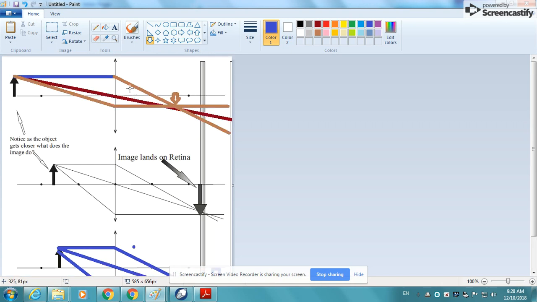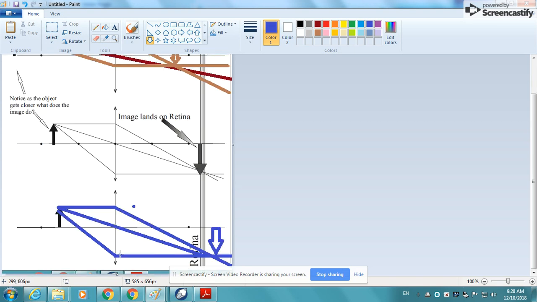So if you think about it, we need to relax the bending of these rays. This lens needs to lessen its focal length so it isn't so aggressive at bringing the rays together. And this lens here is not being aggressive enough. It's not bringing the rays together quick enough for the person to get a clean focus.